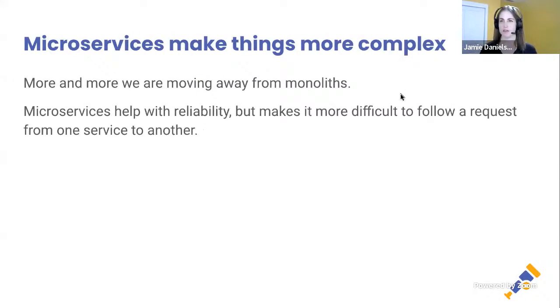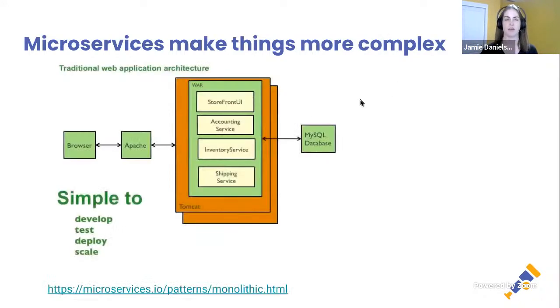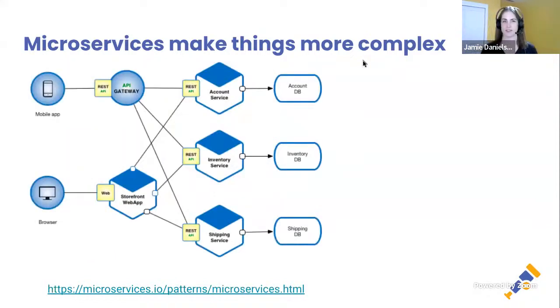As time goes on, you may notice that we've been moving away from monolithic architectures to microservices. And what that means is, in the past, we had everything in one place. So you can follow the flow from start to finish of how a user may make it through your application. But today we have microservices, meaning that things are split up, and it becomes a lot harder to track those users from service to service to service and know what's going on.